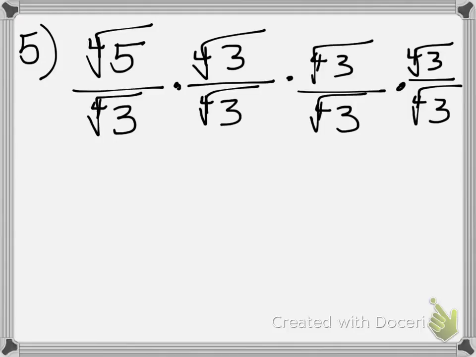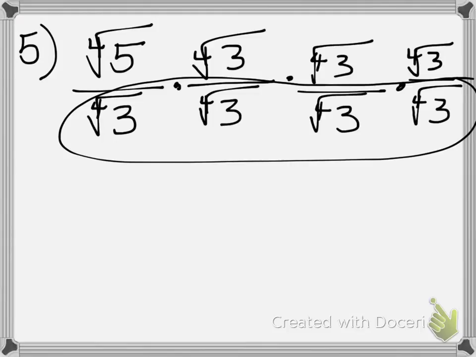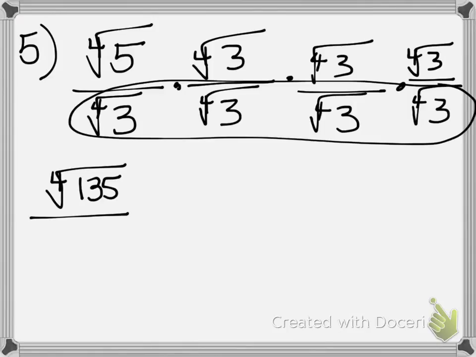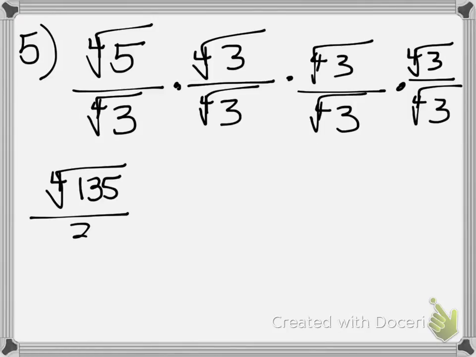So what I'm going to do is now I have 4 of my 4th roots, so I can just multiply my numerators. So 5 times 3 times 3 times 3 gives you 135 all over. And so now, because I have 4 fourth roots of 3, I'm just going to get 3. I'm going to get whatever's inside.